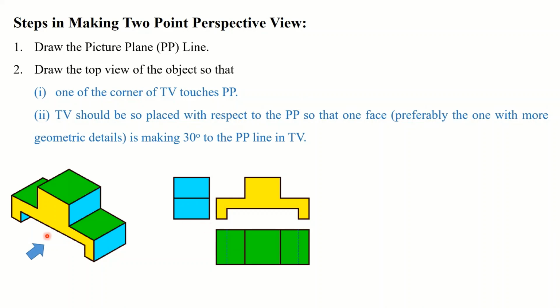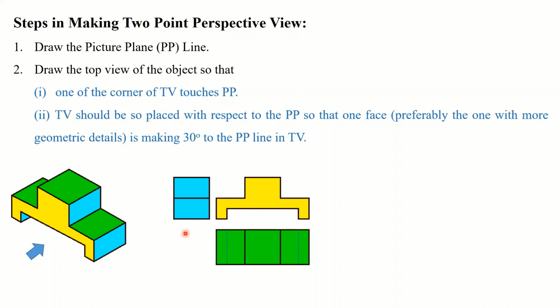Now if we look at this yellow colored face here, this is basically showing the overall profile of the object, that is how this object will look throughout its depth. And the other view here, the side view, is actually a set of two rectangles, separated by this dark line. So there is one rectangle for this face, and another rectangle for this face.